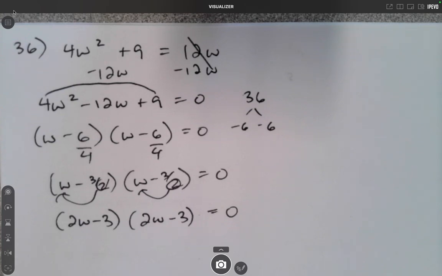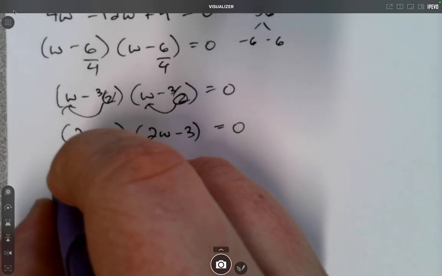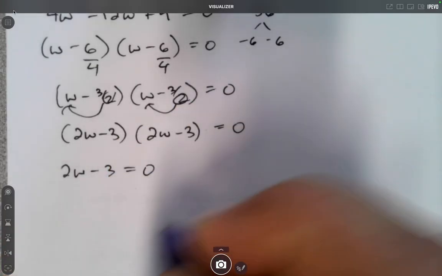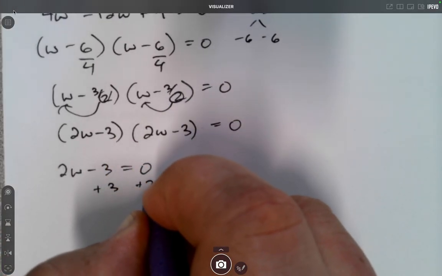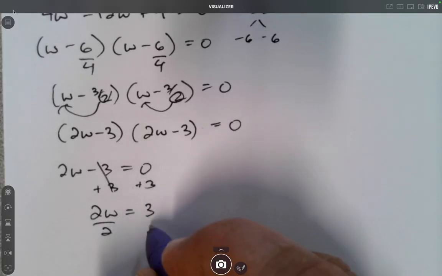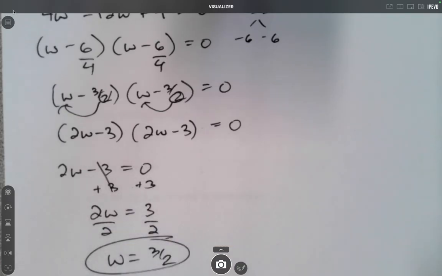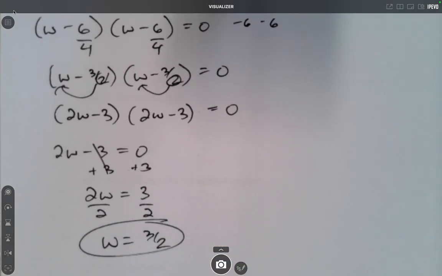Now hopefully you can see, since these two terms are equal, we don't have to set them both equal to 0 because they'll both give us the same result. So we can just set one of them equal to 0, add 3 to both sides, and divide by 2. So we just get one solution, and it is w equals 3/2.